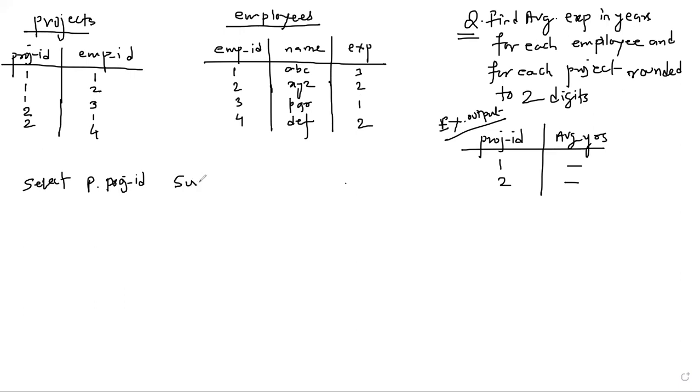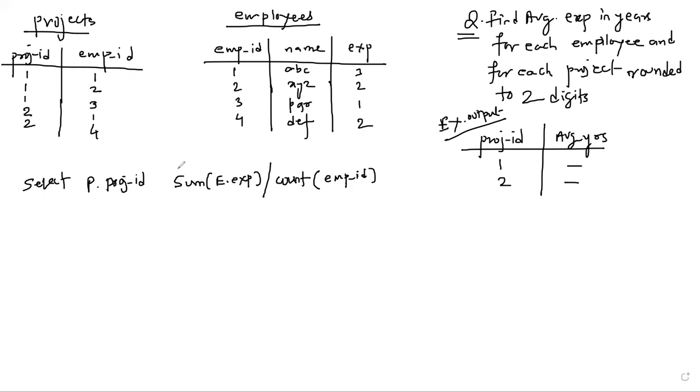So first we'll write sum of e dot experience divided by count of employee ID, that is, for that particular project, how many employees are working.